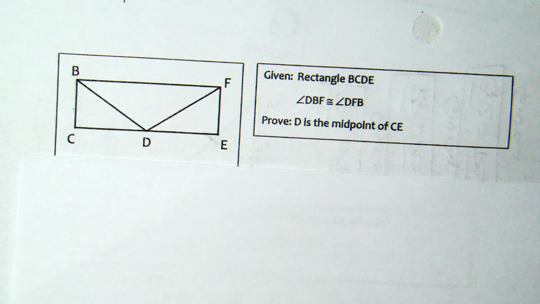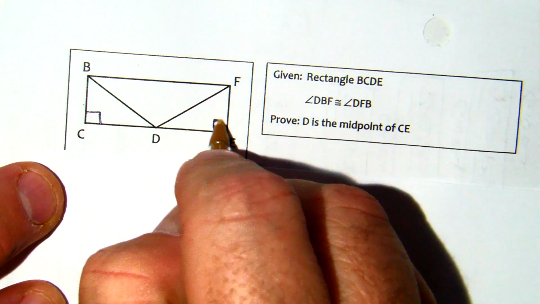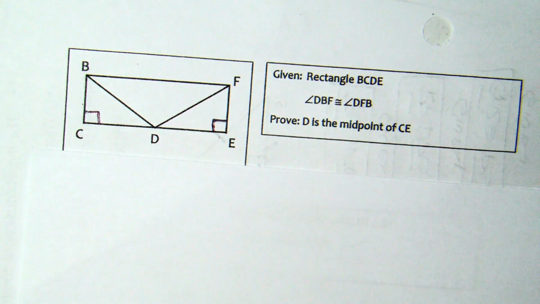What type of figure do they tell us this is? A rectangle. The definition of a rectangle is that it's an equal angular quadrilateral. And all those angles measure how many degrees? 90, which is what we need. So angle C and angle E are going to be right angles by definition of a rectangle.